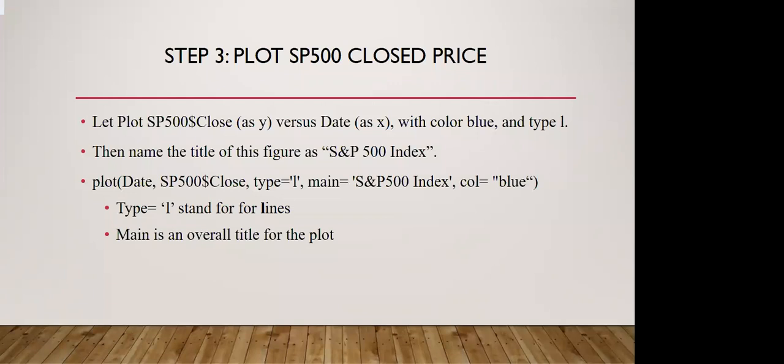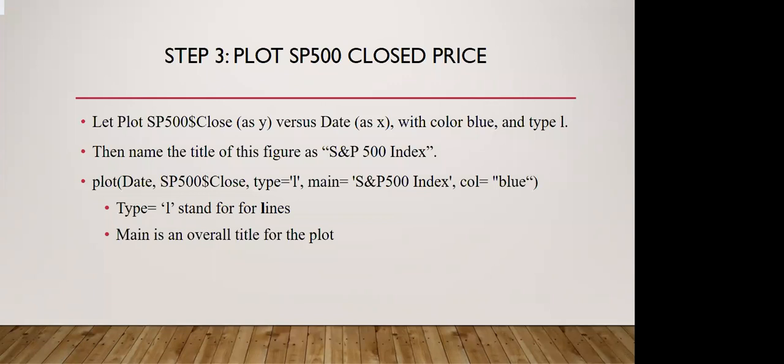You put your dates as your x, and your S&P 500 close as your y, and then type l, and you can change the type to anything you want. There are so many other types, and here the type stands for line. Then main is the title of the plot, and I use S&P 500 index. You can use anything you want as your title, and then the color is going to be blue.